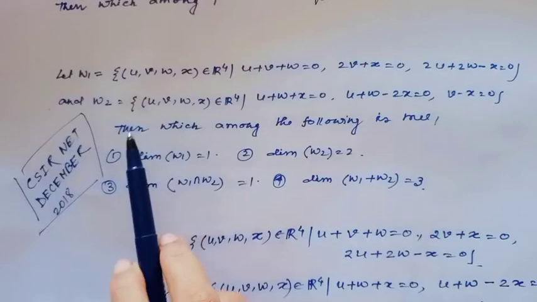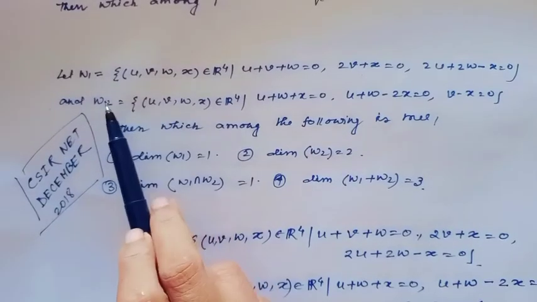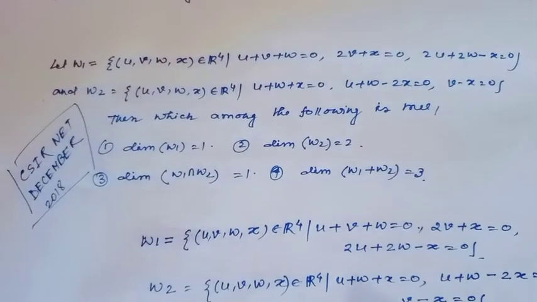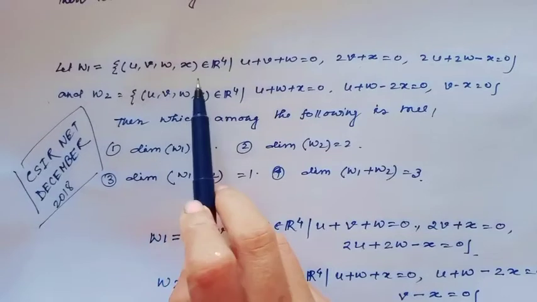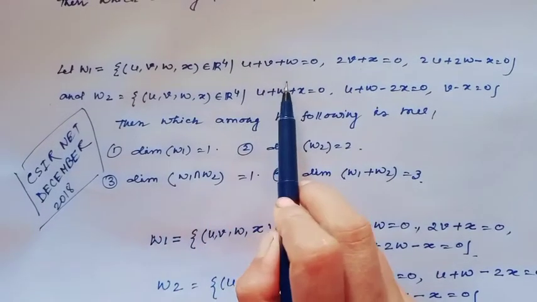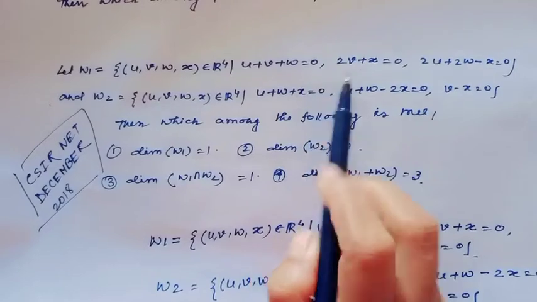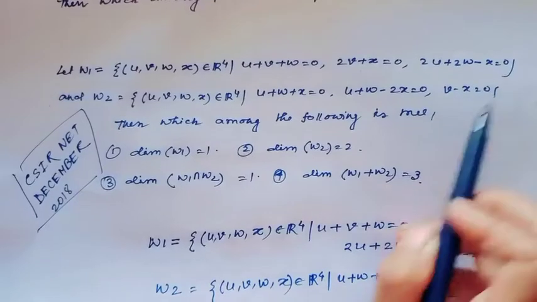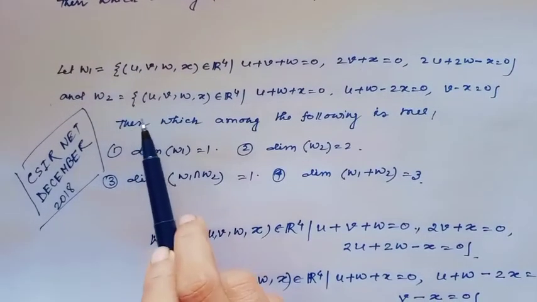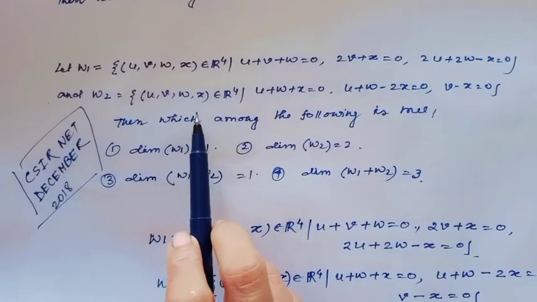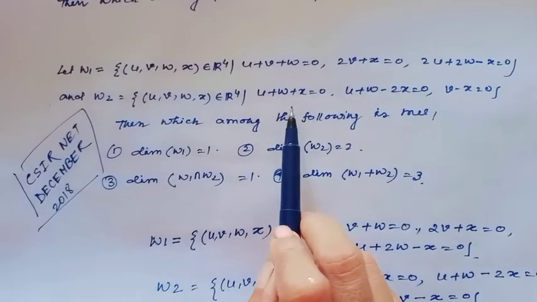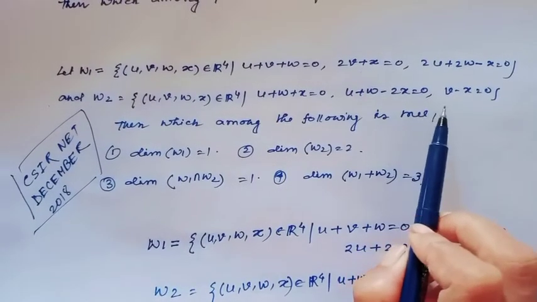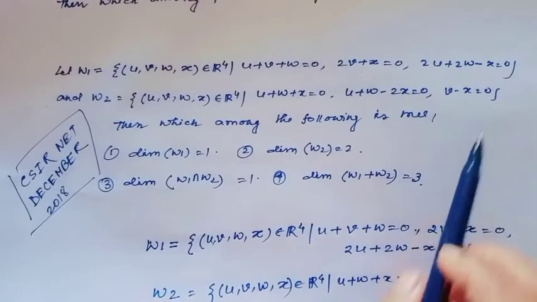Consider a subspace W1, the set of UVWX belonging to R4 such that U plus V plus W equal to 0, 2V plus X equal to 0, 2U plus 2W minus X equal to 0, and another subspace W2, the set of UVWX belonging to R4 such that U plus W plus X equal to 0, U plus W minus 2X equal to 0, V minus X equal to 0.